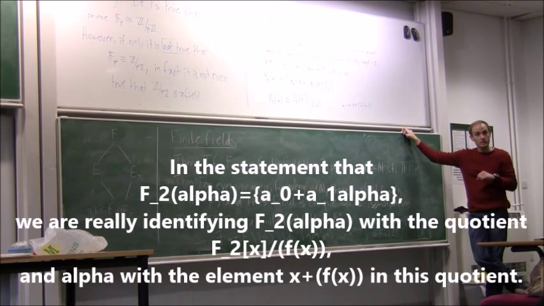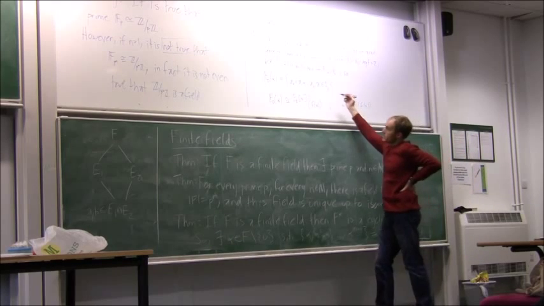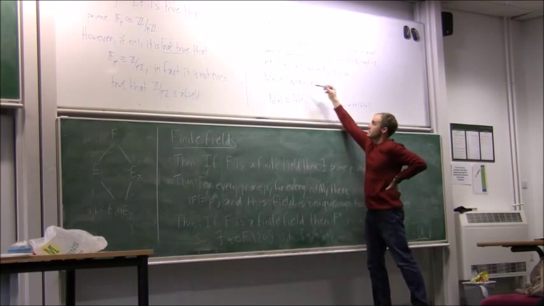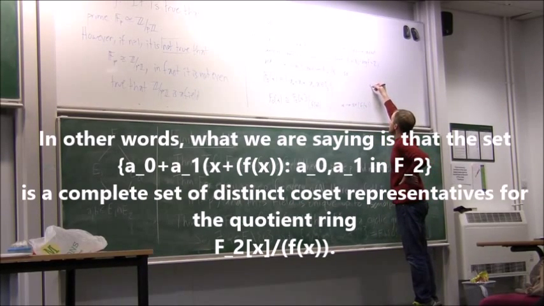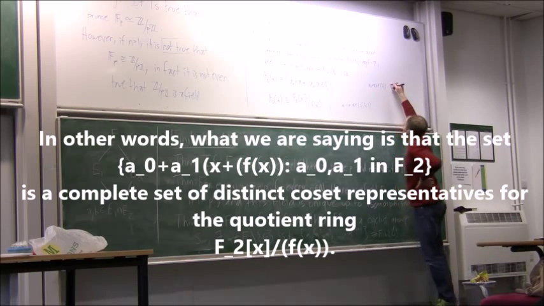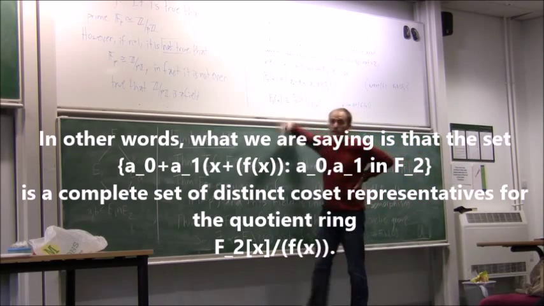So the arrow was going the other way. What I really mean when I say that my field is equal to this set is that if you take the collection of coset representatives of the form a0 plus a1 times x plus the ideal generated by f, where a0 and a1 are elements of your field F2, this is exactly a collection of coset representatives for the quotient ring.